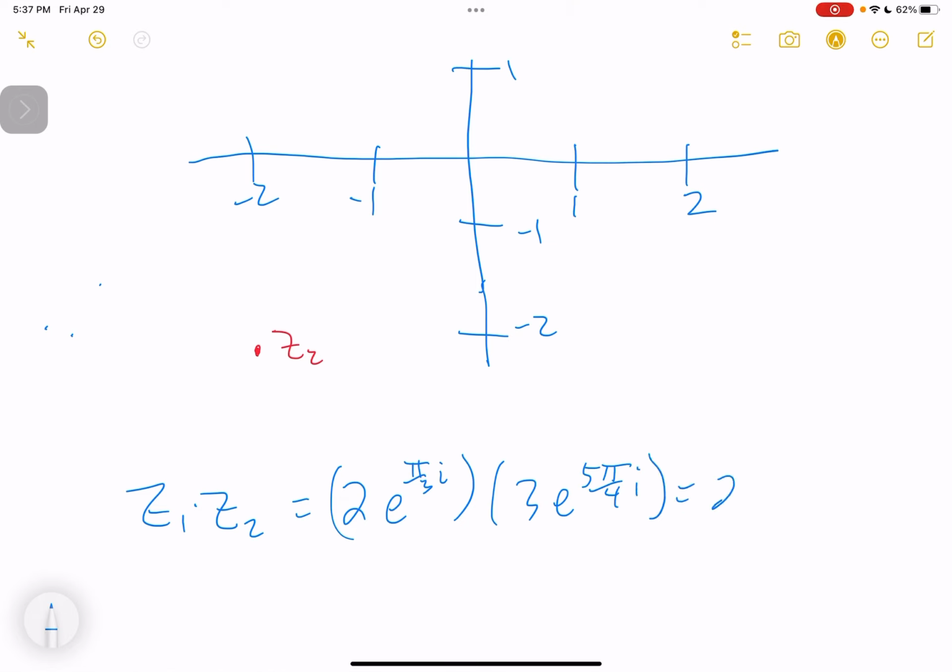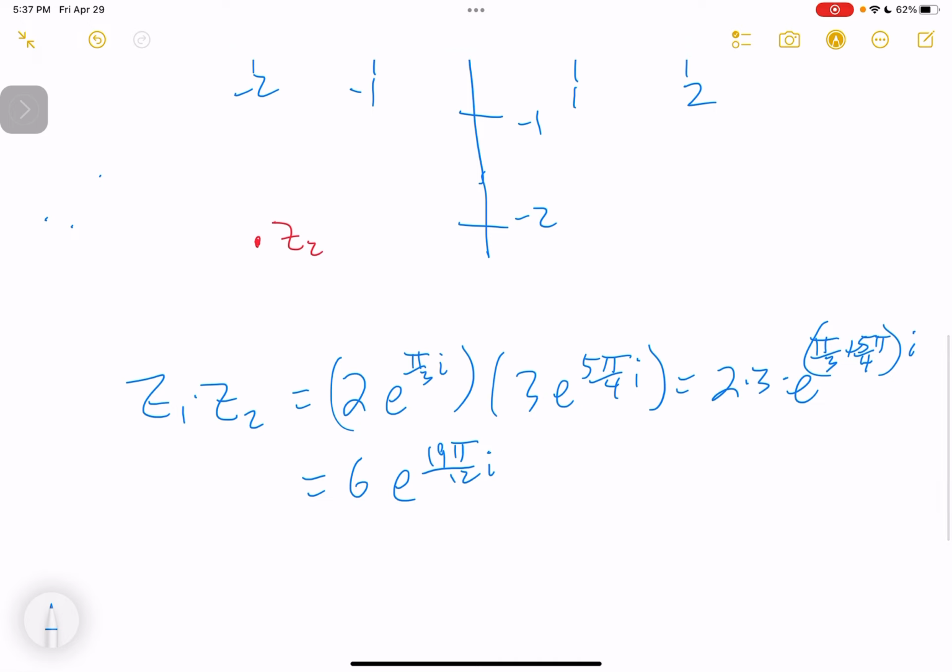And the product would be 2 times 3 times e to the pi over 3 plus 5 pi over 4 times the i. So you end up with 6 times e to the, and the common denominator is going to be 12, so we're looking at 4 pi over 12 plus 15 pi over 12, so it's 19 pi over 12 i.